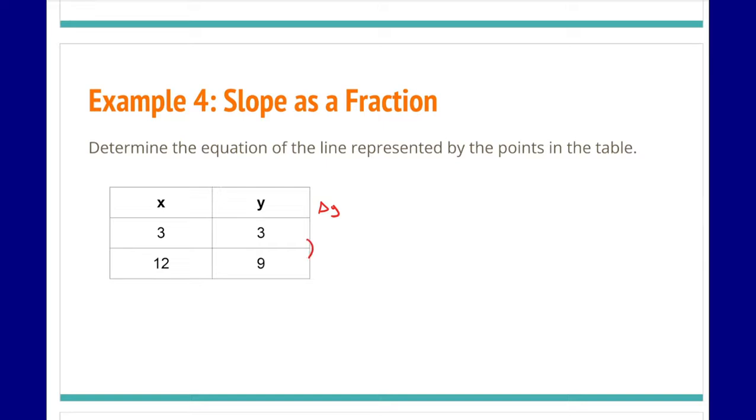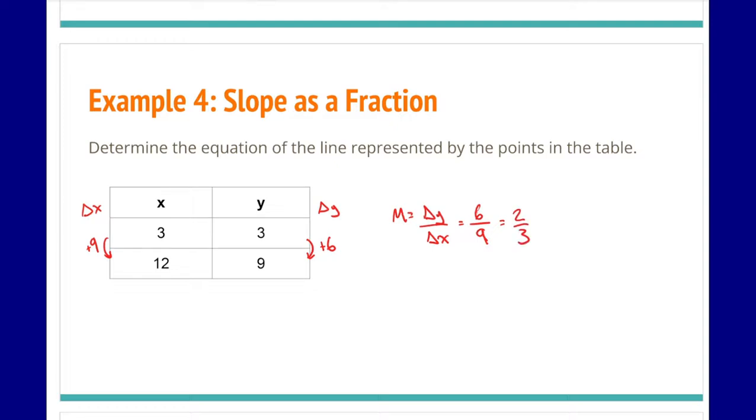So first I'm going to find my multiplier, change in y and change in x. So from 3 to 9, that's a change of 6. From 3 to 12, that is a change of 9. So my multiplier, change in y divided by change in x, equals 6 over 9, which I can reduce to 2/3.